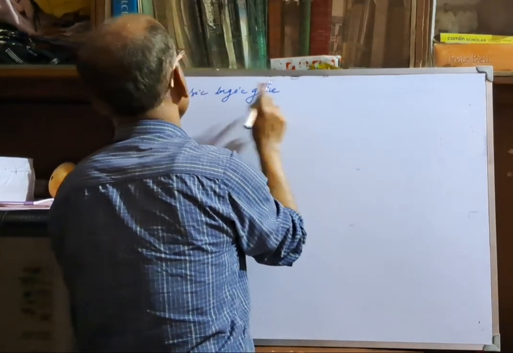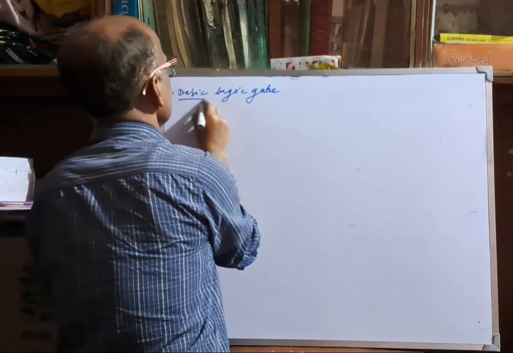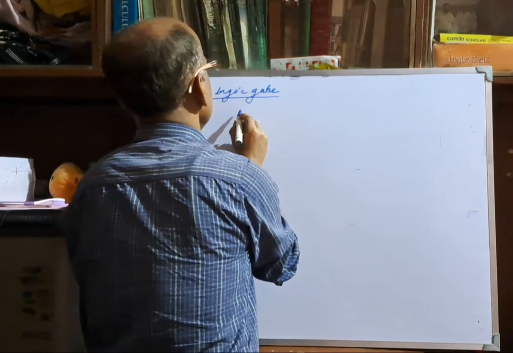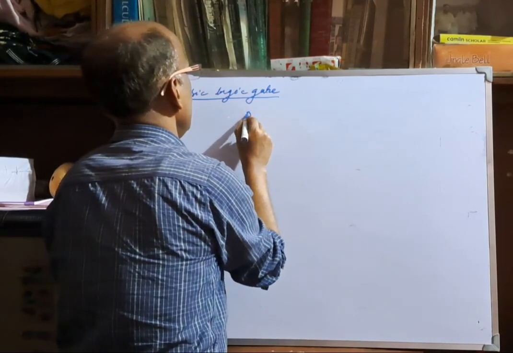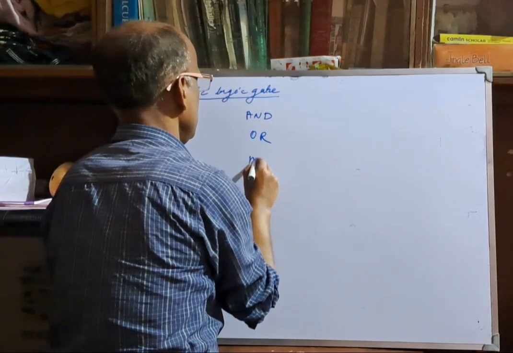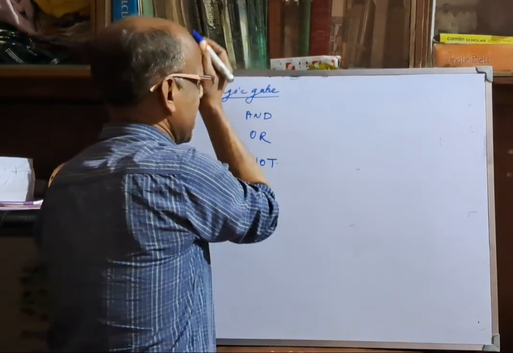I am just defining these basic logic gates. What are the basic logic gates? The basic logic gates are AND, OR, and NOT. Okay, clear.